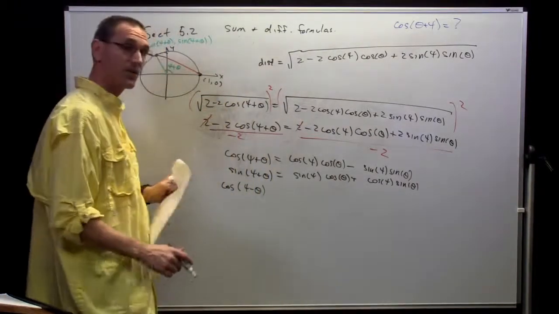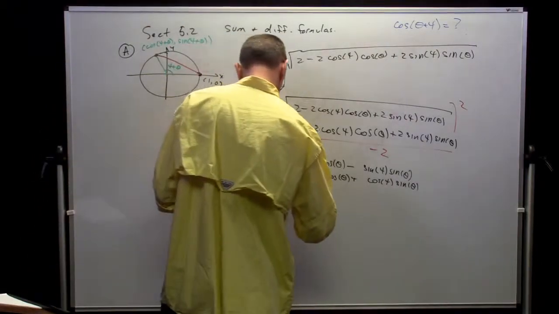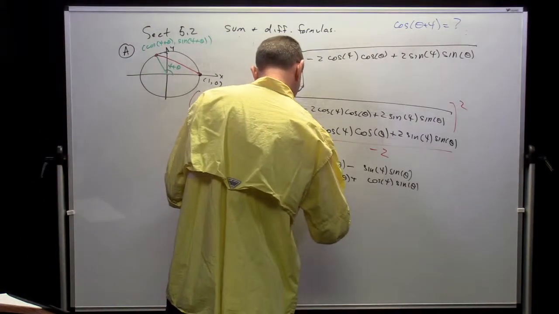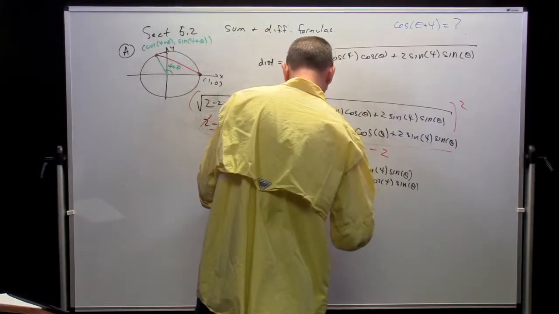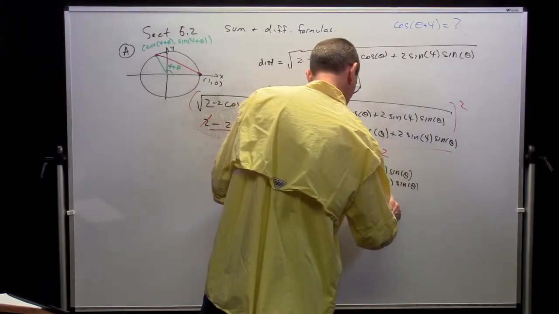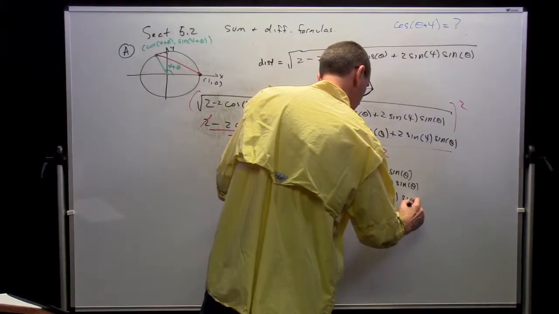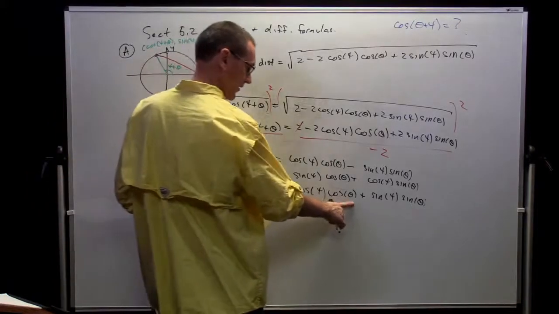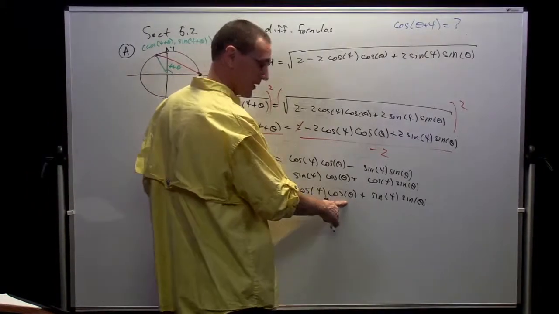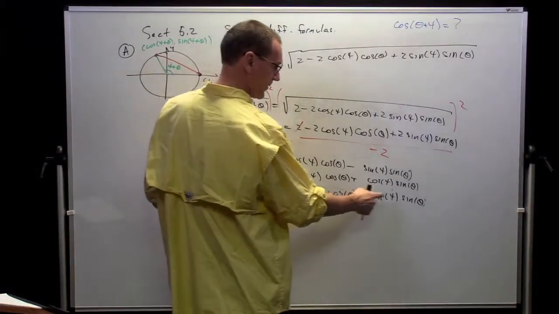I take cosine of psi minus theta. I get cosine of psi, cosine of theta, plus sine of psi, sine of theta. So you can think of this as psi plus minus theta. Cosine of minus theta is cosine of theta because it's an even function.